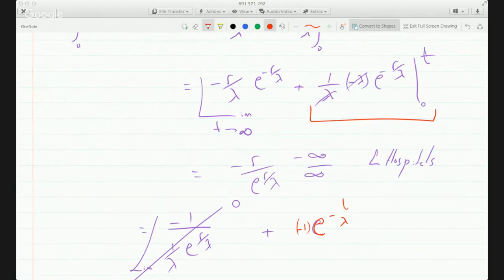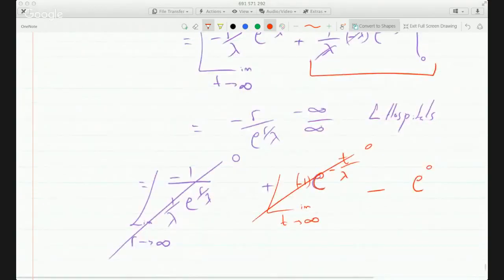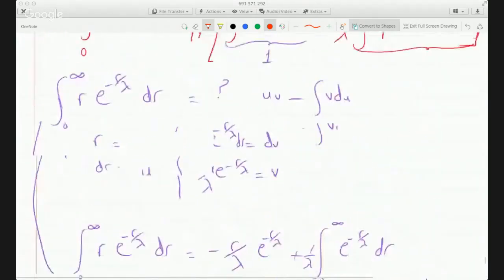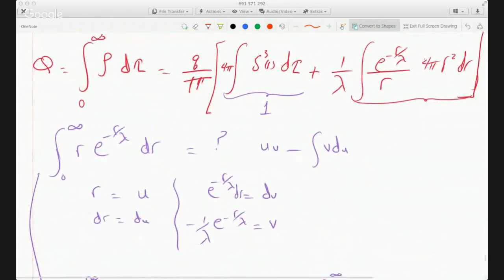Plugging t here, and then we take the limit as t goes to infinity, which makes this 0, minus e to the 0, which is 1. Minus 1. And so now, plug this back in the integral, and indeed, we get 1.